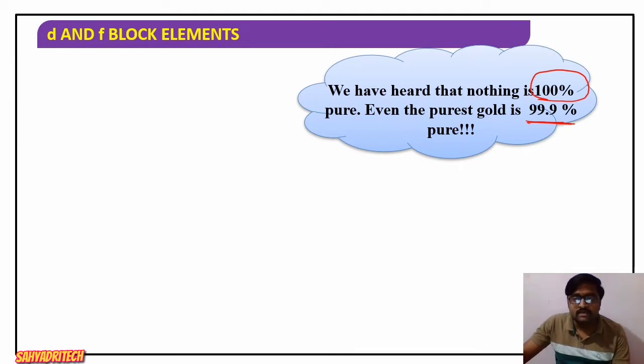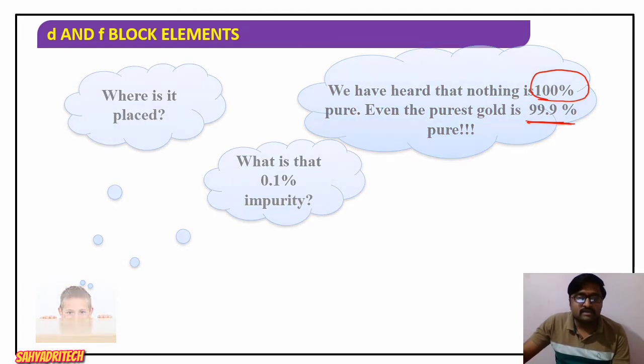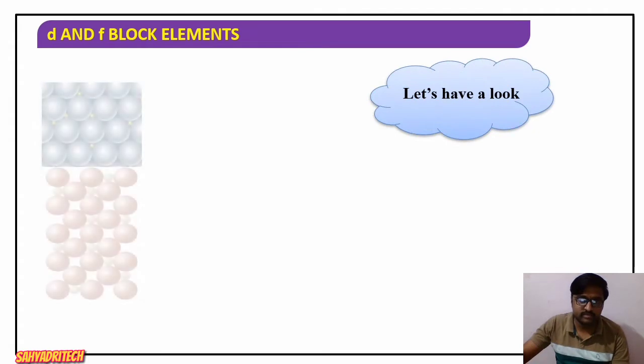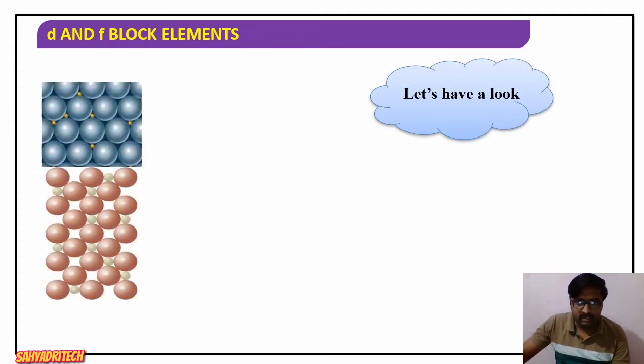So what about the remaining 0.1%? That 0.1% is treated as an impurity. So if we consider purity-wise, we won't get 100% pure substances. Even pure gold is just 99.9% pure. We can't say 100% pure. Let's have a look here.